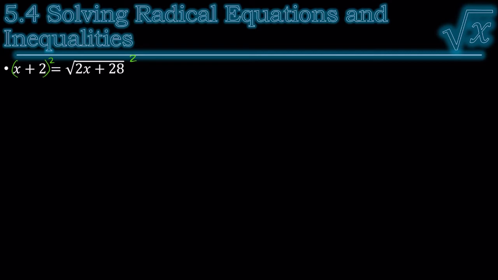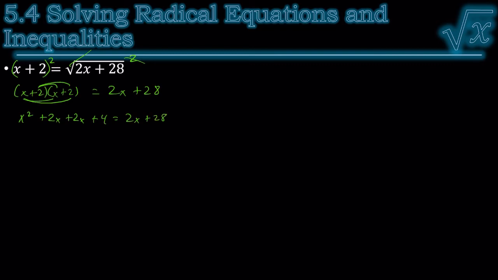It is actually x plus 2 times x plus 2. The square root and square canceled on the right. Let's multiply these together. That would be x squared. That's 2x. That's 2x. And that's 4.